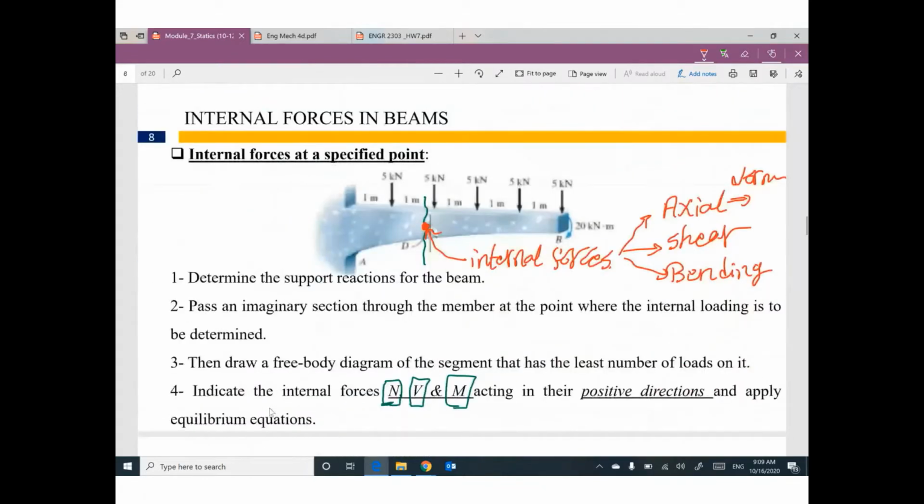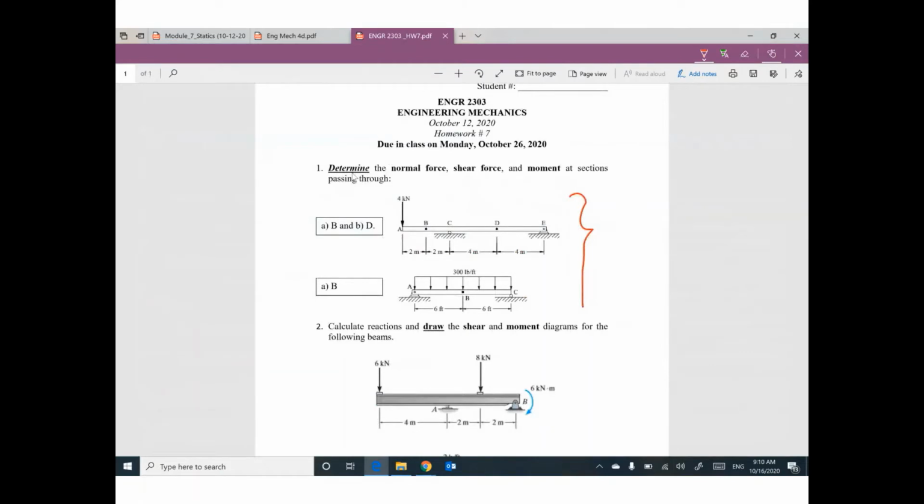First part in this topic, we are talking only about a point, only one point, specific point at a specific location. We need to figure out what are the values for internal forces. Just to remind you, the first question in the homework, we need to determine the values for normal force, shear force, and moment at specific location, like point B, D, B, specific location.